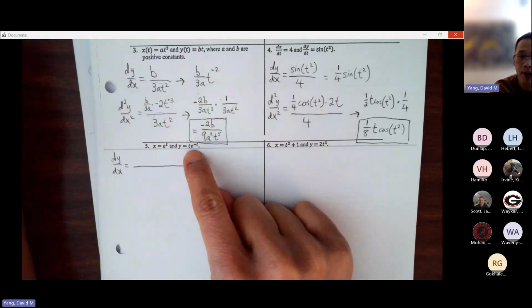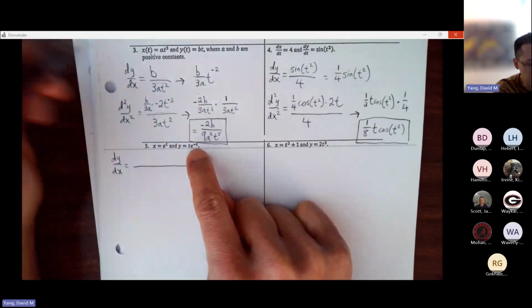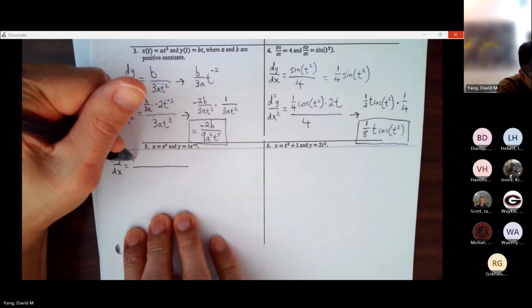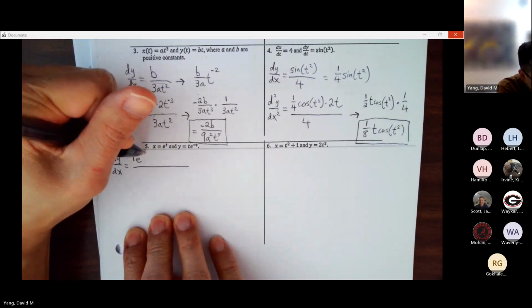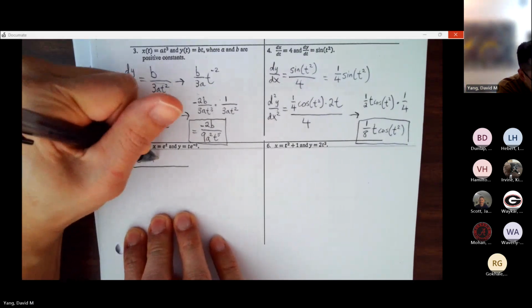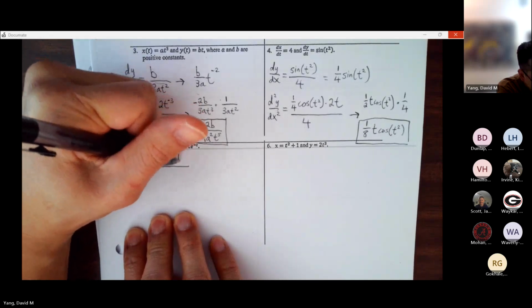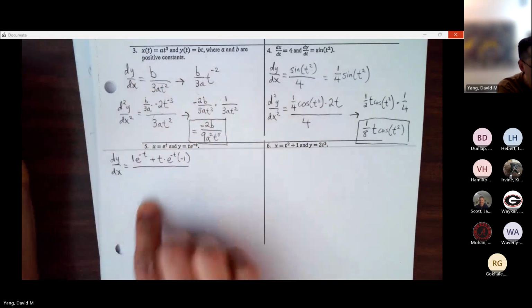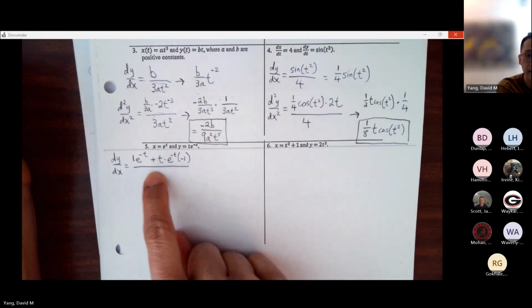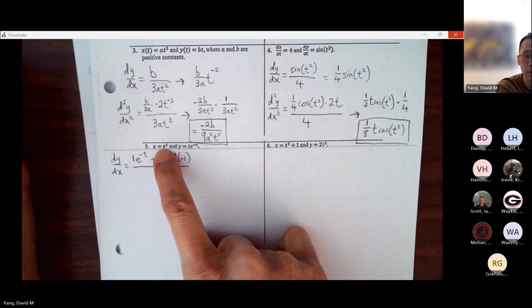So product rule here, f prime g plus f g prime, divided by dx dt.